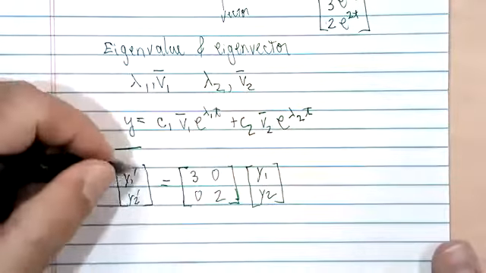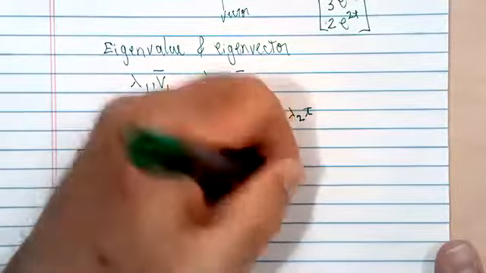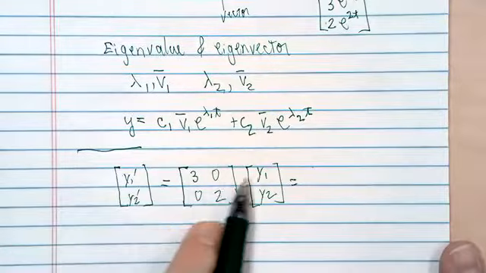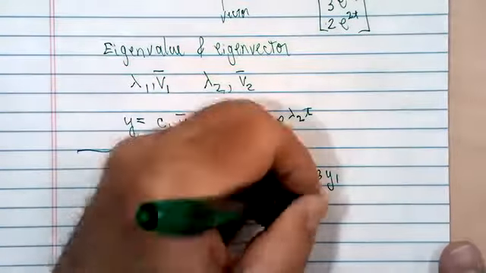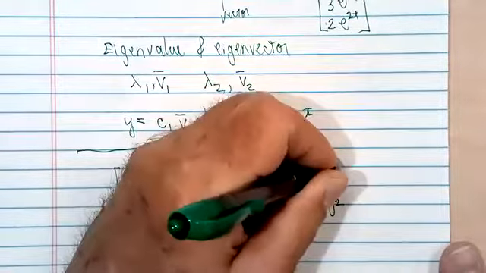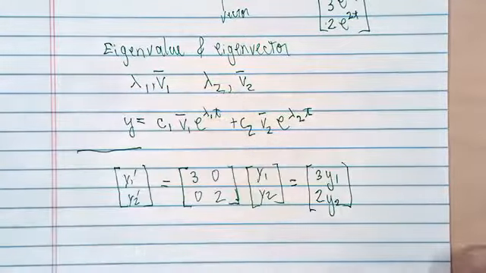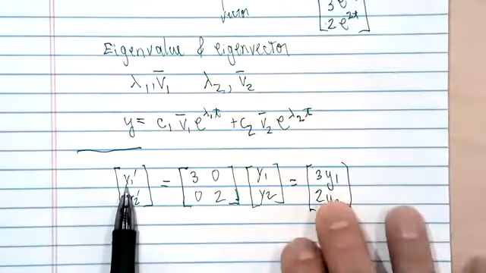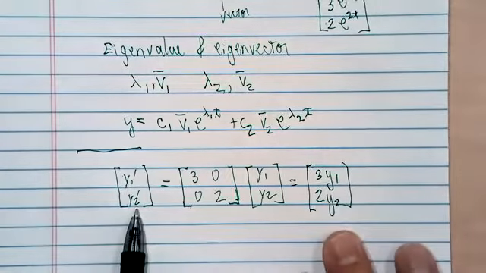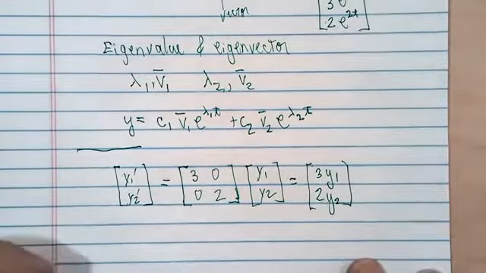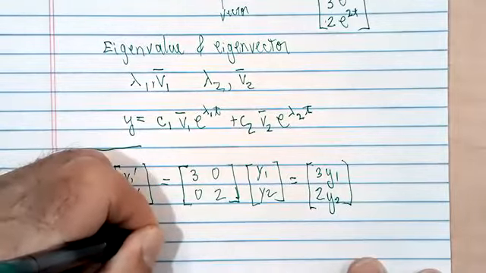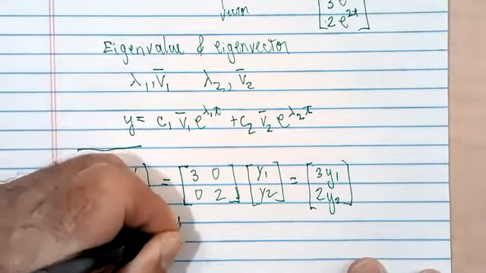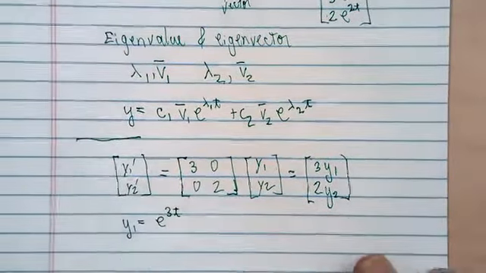If you wrote this out, this top line would say 3y1, and the bottom line would say 2y2. And so it's just a pair of independent equations. Y1 prime is 3y1, and y2 prime is 2y2. And you can actually solve those. Y1 equals e to the 3t, and any constant multiple of it.